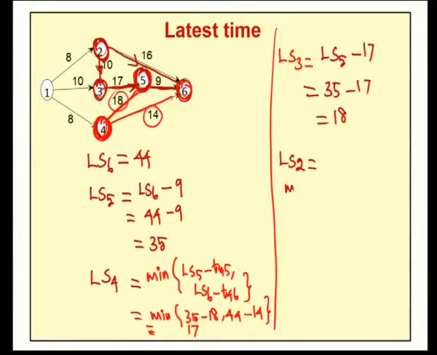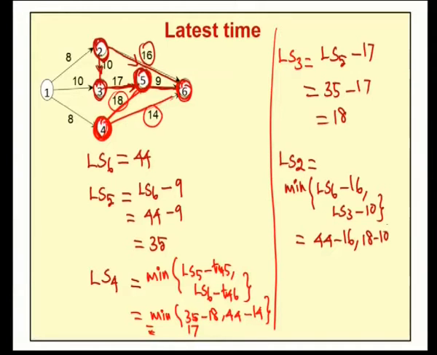Therefore, LS2 is the minimum of, for activity 2 to 6, LS6 minus 16, comma, and for activity 2 to 3, LS3 minus the normal duration 10. Now, the LS6 value is 44 minus 16 and the LS3 value is 18 minus 10. Among these two the minimum is 8. Therefore, the latest time for node 2 is 8.